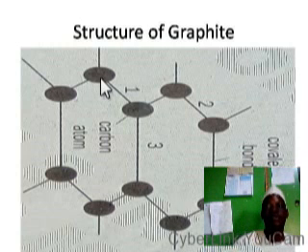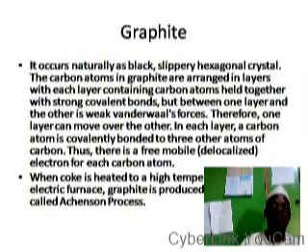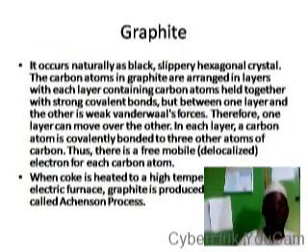That is why graphite conducts electricity. The electron that is not used in bonding is called a free mobile electron or delocalized electron.